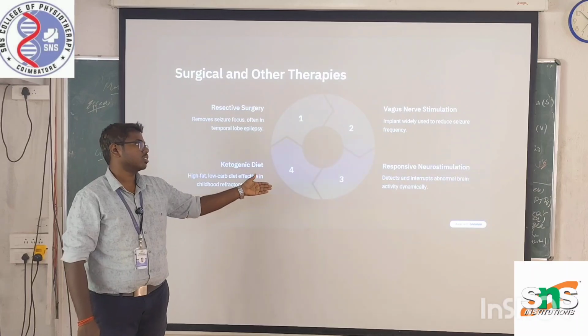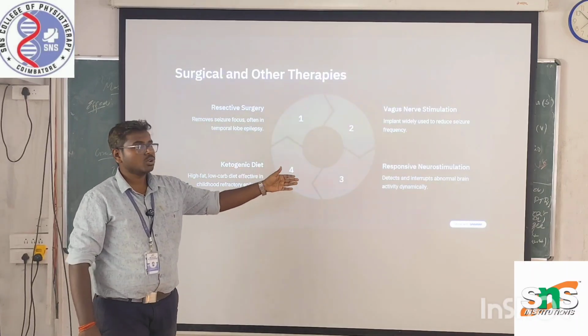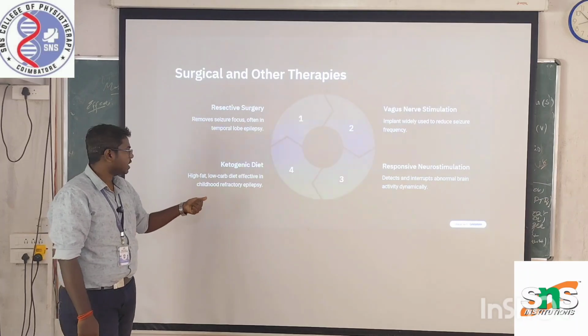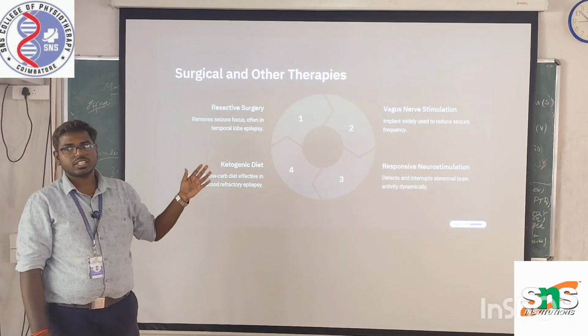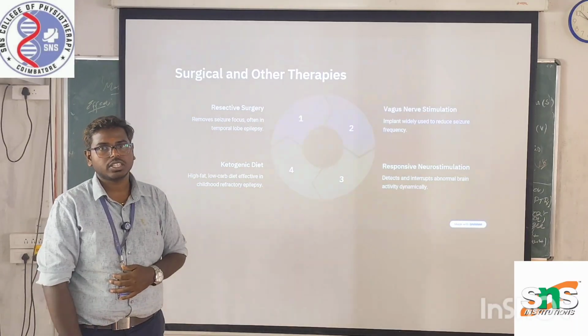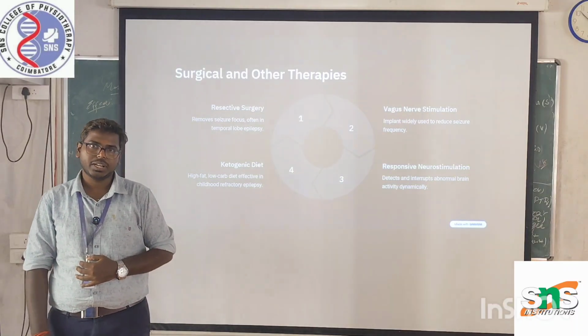Third, we give them responsive neurostimulation, and finally we prescribe a ketogenic diet. These are some of the other management and surgical management options given to patients affected by epilepsy.